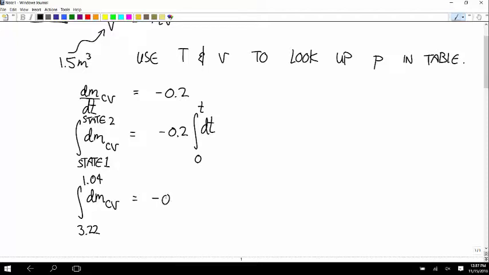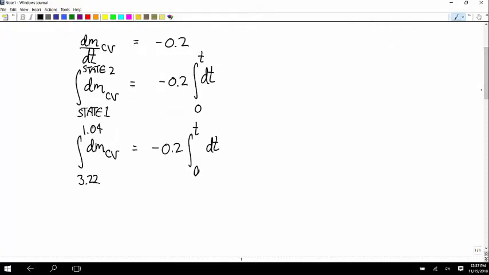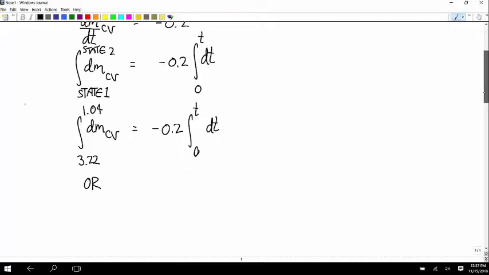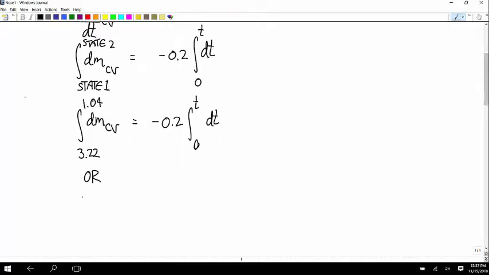And that's equal to, and you can also just think of it as the integral from state 1 to state 2 of dm is just equal to the change in the mass.